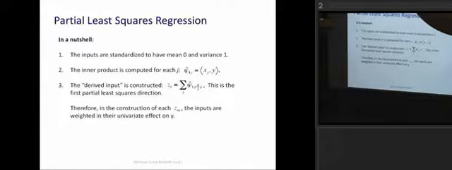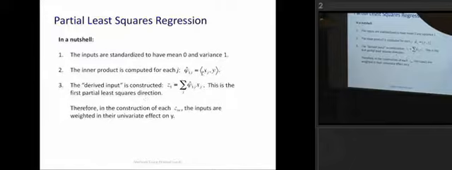Okay, it's weighting these directions in a way that if xj has nothing to do with y, it's going to be weighted down, right? It's going to be closer to 0. If it has a lot to do with y, it's going to be higher. So it gives an automatic scale for these particular weights. This is what we call the first partial least squares direction.